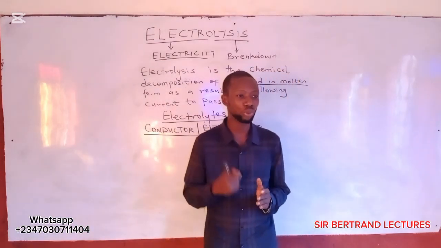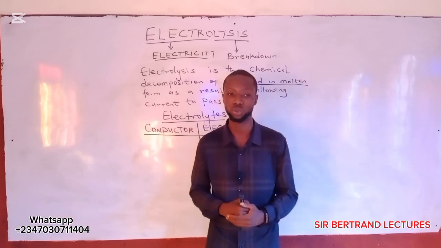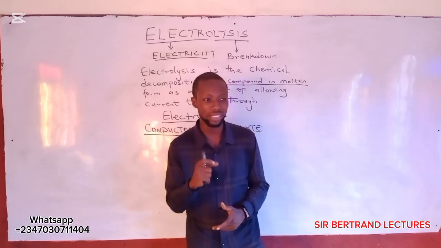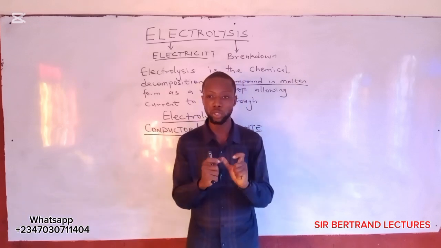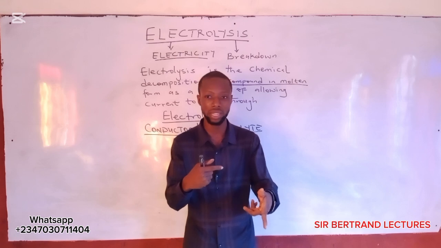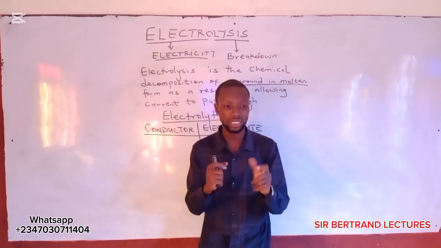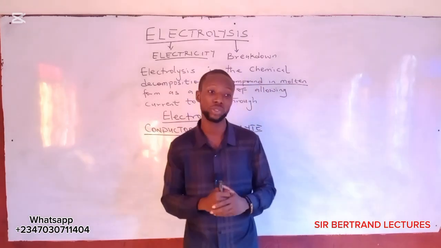Conductors are those elements that allow electricity to pass through. The reason conductors conduct electricity is the presence of free mobile electrons. That means conductors conduct electricity by the free flow of electrons.